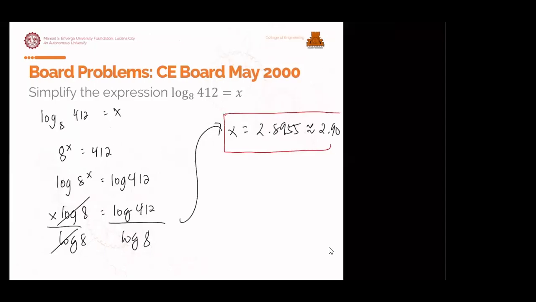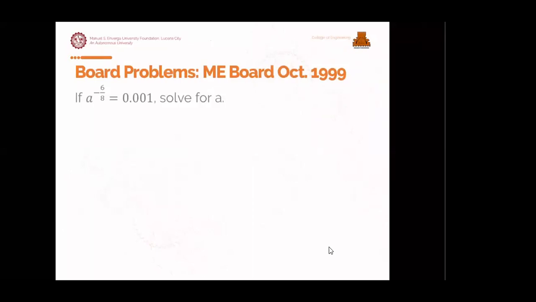Next, ME Board, 1999: a raised to negative 6 over 8 equals 0.001. Solve for a.